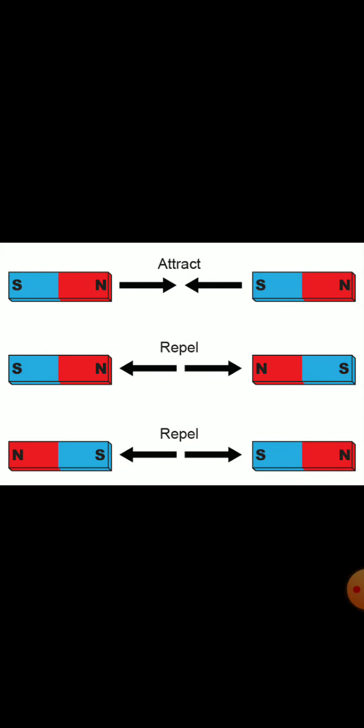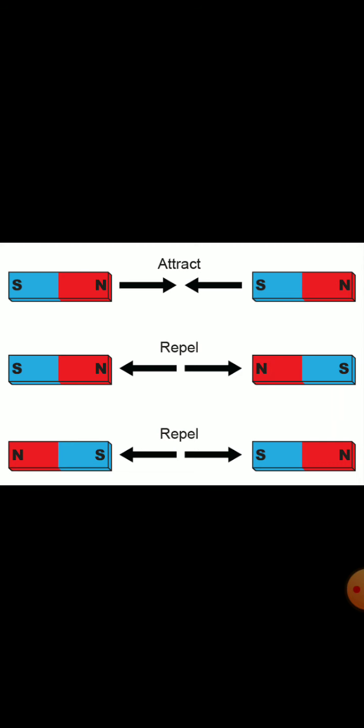And by various activities we have observed about bar magnets that like poles repel while unlike poles of a magnet attract each other. We all know about like poles and unlike poles of a bar magnet.